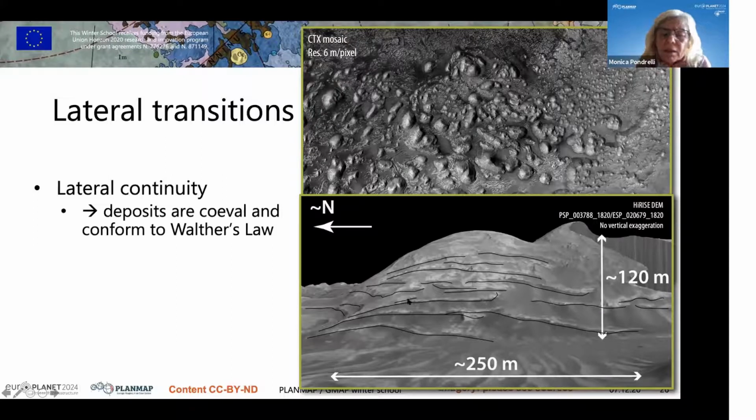It means that there is a lateral continuity between these two units or morphologies, whatever you want to call them. There is lateral continuity, which means that they conform to Walther's law, one of the few laws in geology. It means that these deposits were coeval. They are part of the same history. And we have to recall this in our interpretation.